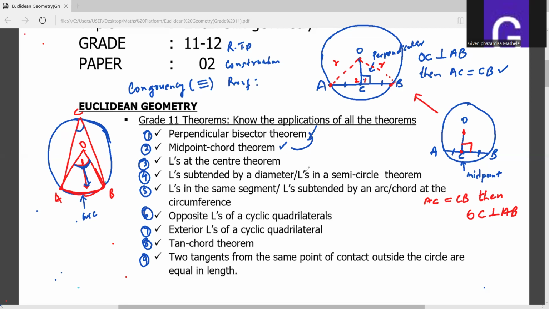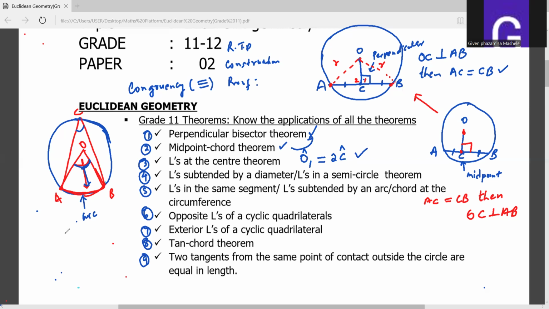So this theorem states that if you have an angle at the center, which is actually O1 here, and this angle is subtended by an arc, and you find that you still have another angle at the circumference of the circle, and that angle is also coming from the same arc, then it means the angle at the center is twice the angle at the circumference. Angle at the center, twice the angle at the circumference.